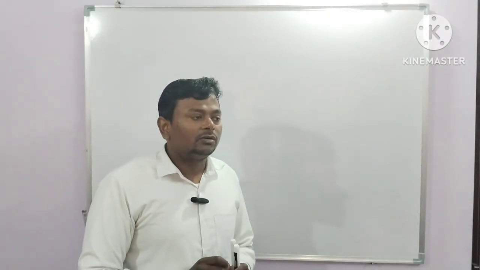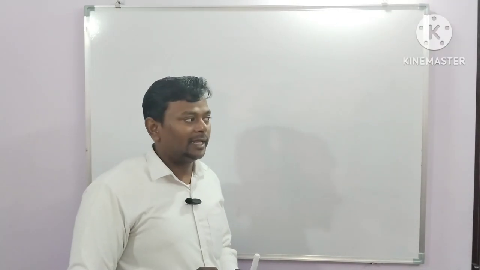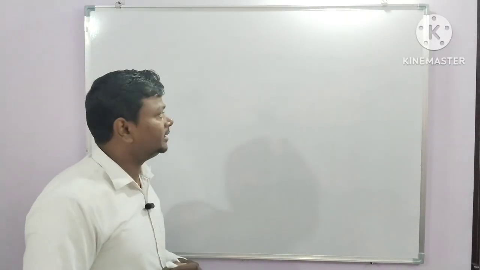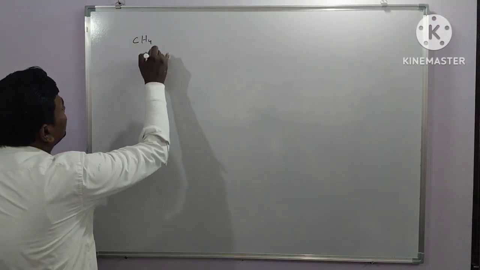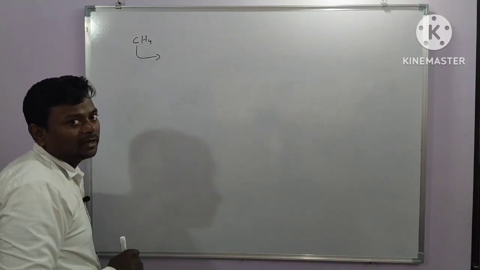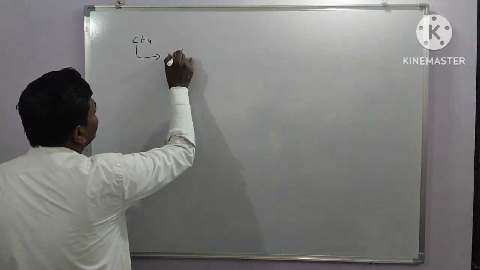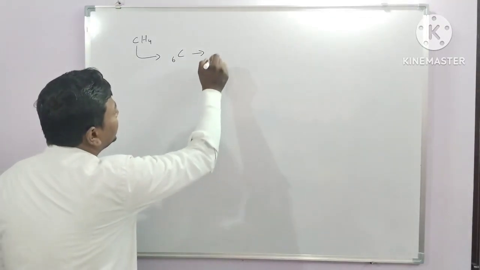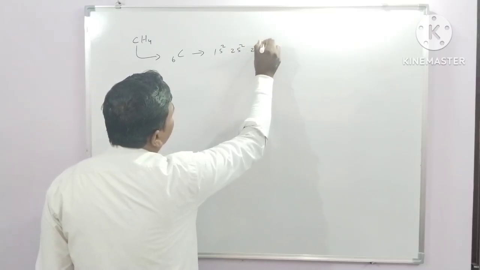Now, what happens when valence bond theory describes the formation of the molecule CH4, methane? In CH4, the carbon atom is the central atom. Carbon has atomic number 6, so its electronic configuration is 1s2 2s2 2p2.